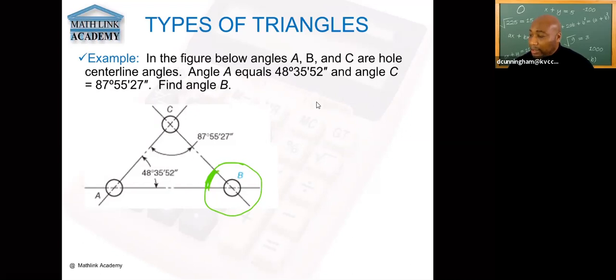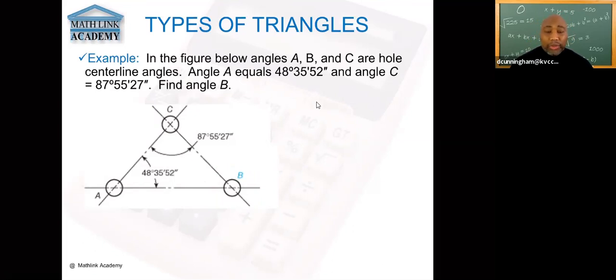In this case, we want to realize some of the theorems and what we know. We know that the three angles of a triangle, when you add them up, equal 180 degrees. So if we add angles A, B, and C, they should equal 180 degrees.